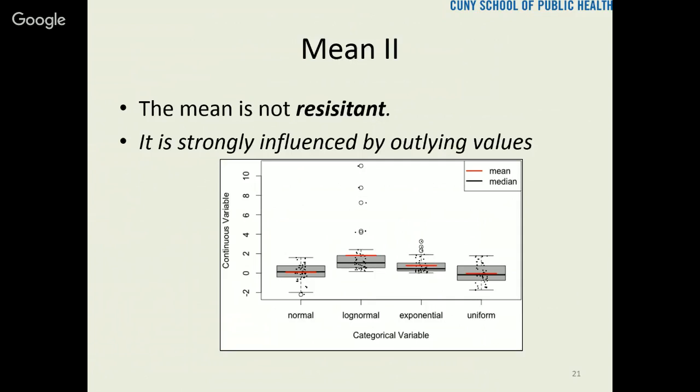So we have a normal distribution on the left, and I'm overlaying on top of the box plot the regular 3 points plus this red bar, which shows the mean. So the black one is the median, and the red one is the mean.